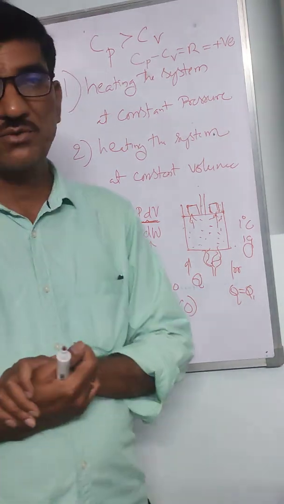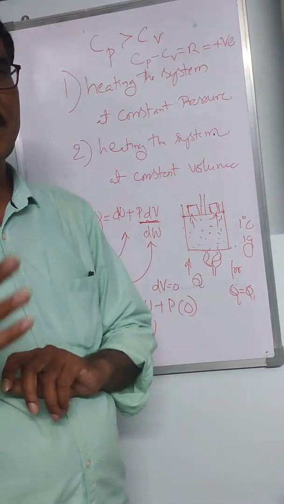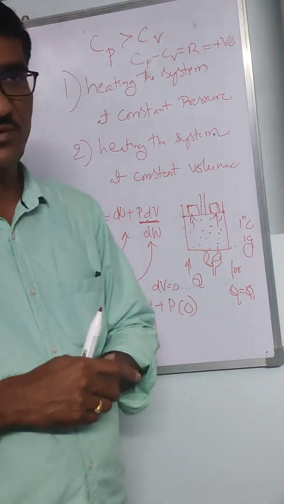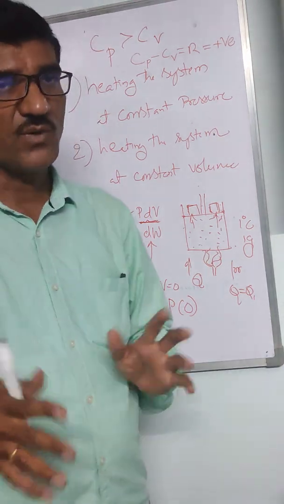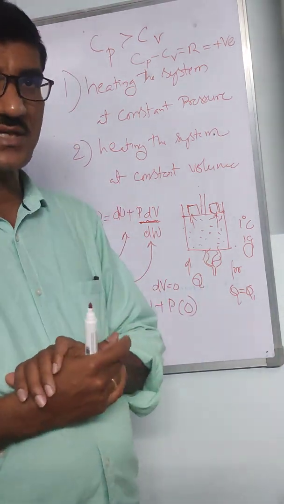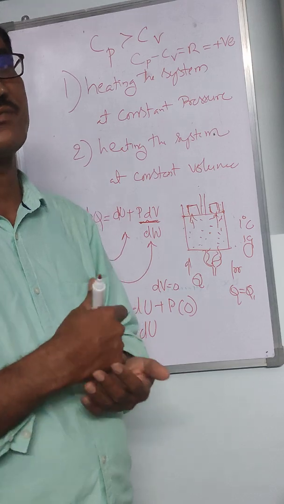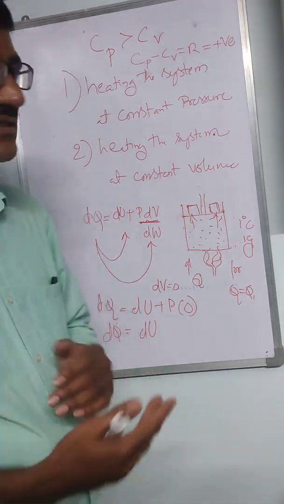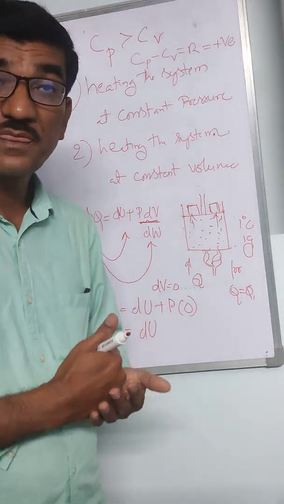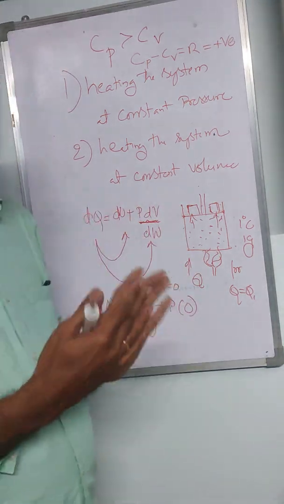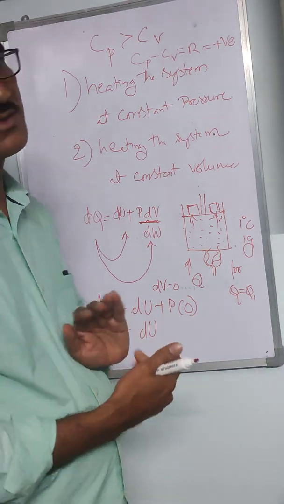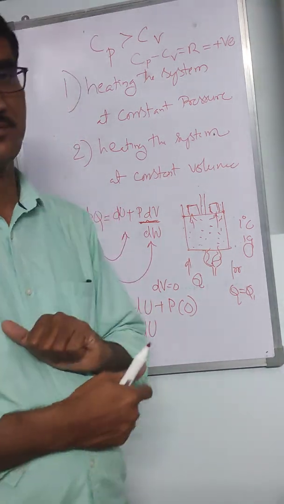Two different specific heats for the same system. We also discussed why one is greater than the other: the specific heat at constant pressure is greater than the specific heat at constant volume.